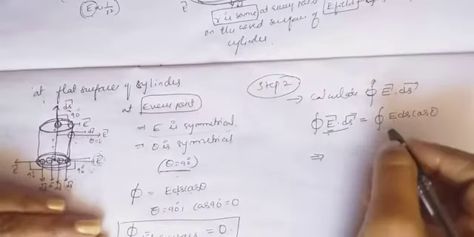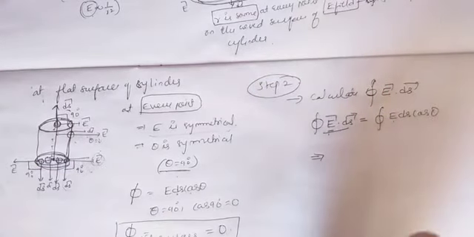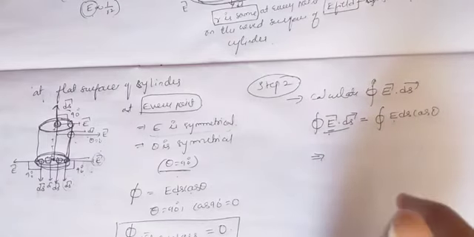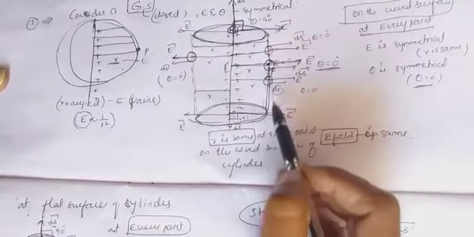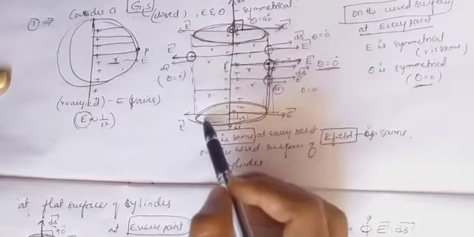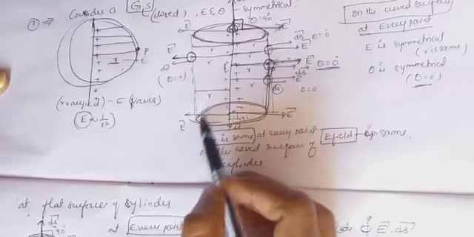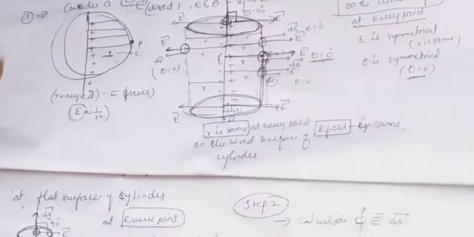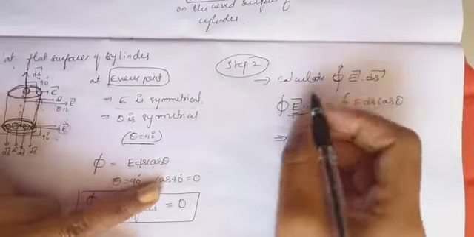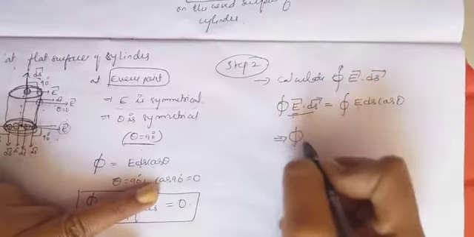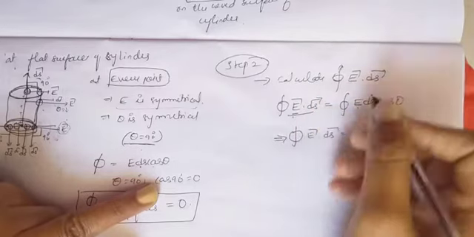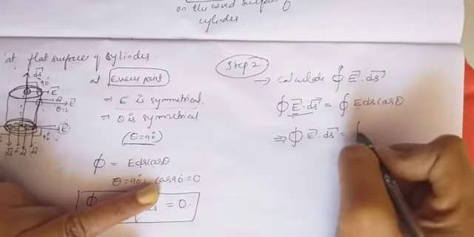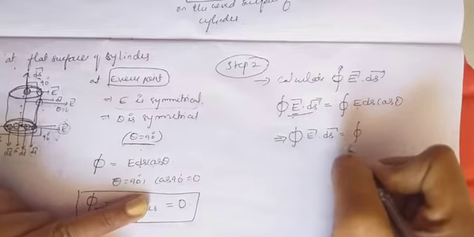Now this can be written as, here we have three surfaces: one is curved, and then the upper flat surface and the bottom flat surface. We have three surfaces for this cylinder. So for the total integration over the closed surface, E dot dS can be written as the flux through the curved surface.